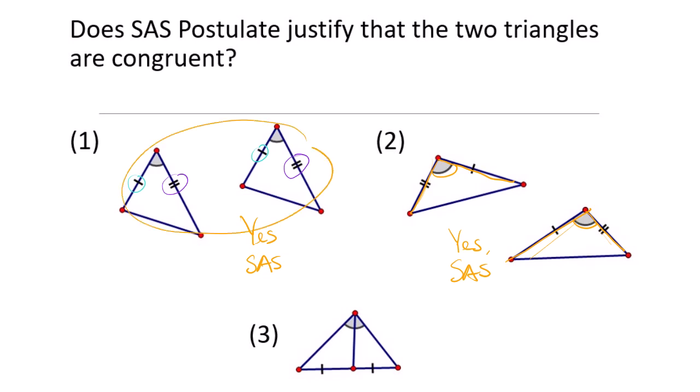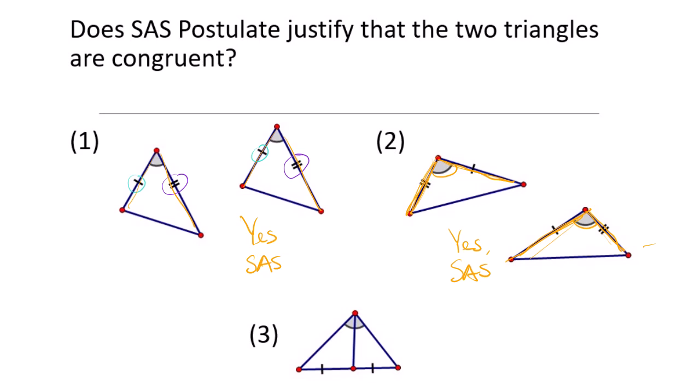Here they were oriented similarly, where this side that had one tick mark was congruent with the side in the same position, right, in the top left, and then we had the side on the right corresponding with the side on the right, angle on the top, angle on the top. Here they're kind of flipped around, right? We have one side on the right side congruent with the side on the left, and then the side on the right in this respective triangle congruent to the side on the left of the other triangle.